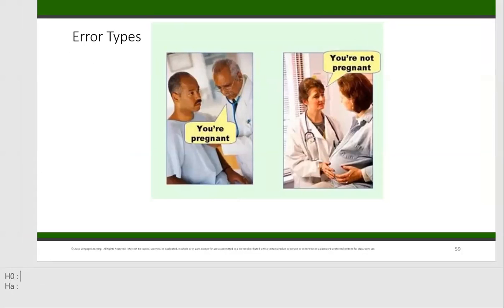So here we basically need to develop null and alternative. Pregnancy is something that is more like a claim. For that, you need to have strong evidence. If you want to go out and tell someone that they're pregnant, you should have enough evidence for that.